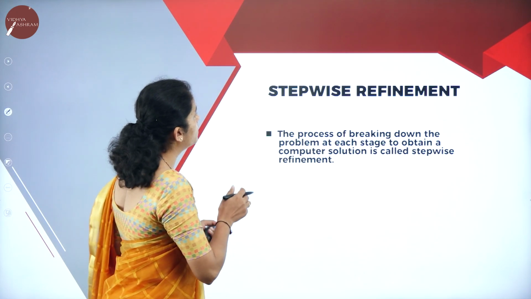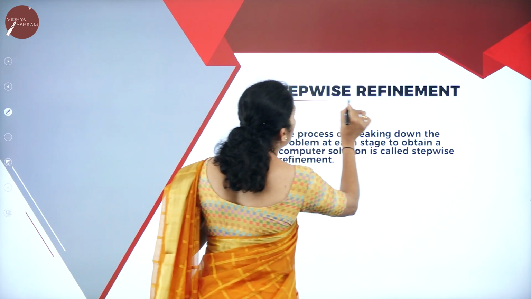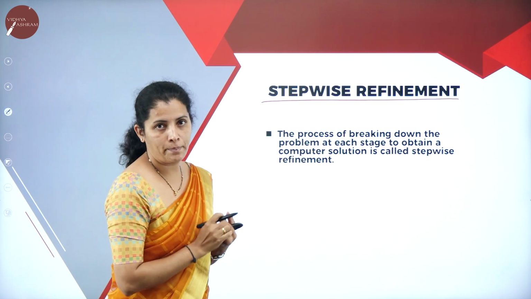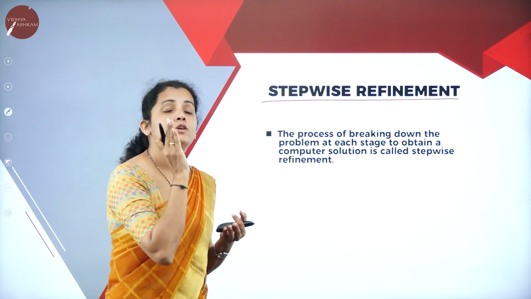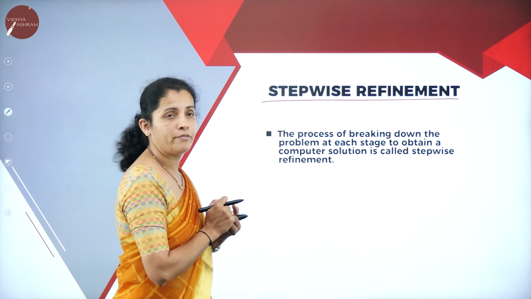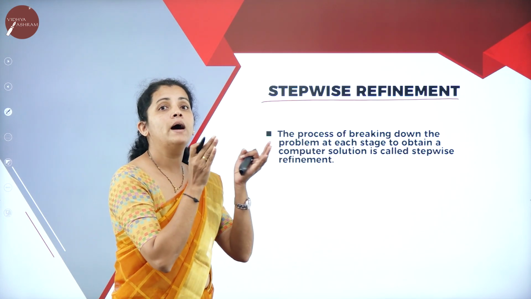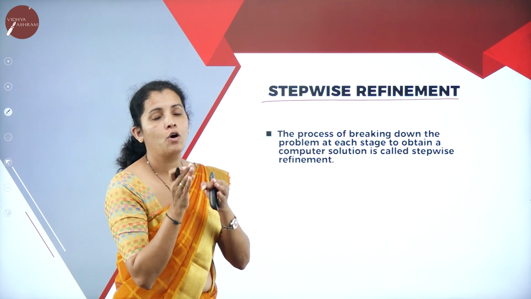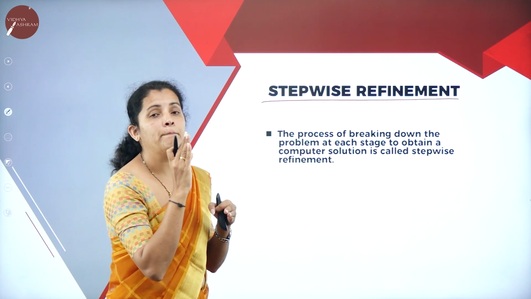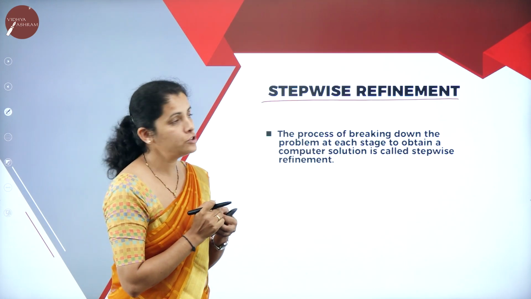Moving further, I'm going to have stepwise refinement. That is nothing but the top-down approach. That means here the top-down approach itself is called stepwise refinement. That means step-by-step refinement, or step-by-step design, or step-by-step decomposition.